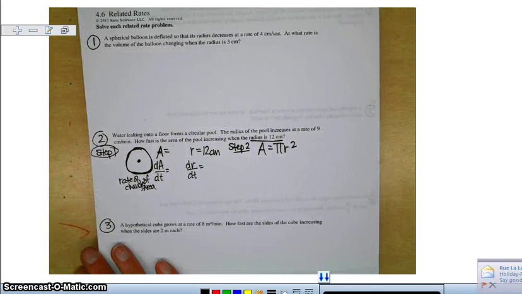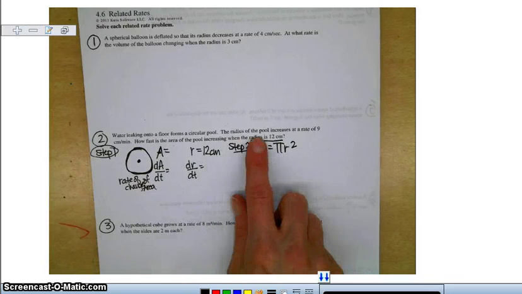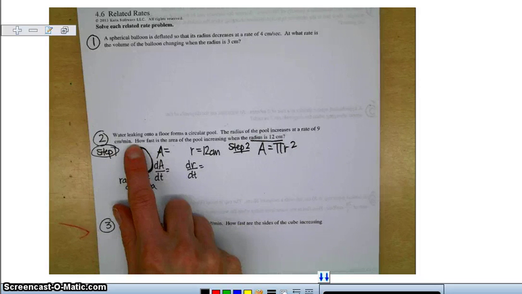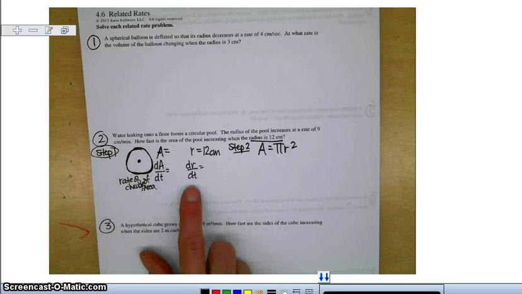Okay, well, why isn't it 9? Why isn't it 9 centimeters? That's the rate, because it says the radius of the pool increases at a rate of 9 centimeters per minute. Please listen. You can use the units on the numbers to tell you whether it's a rate of change or not. A rate of change is always with respect to what? Time.